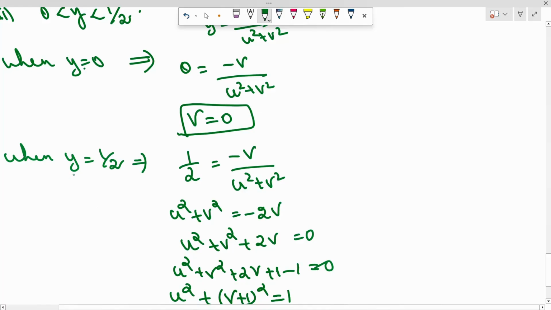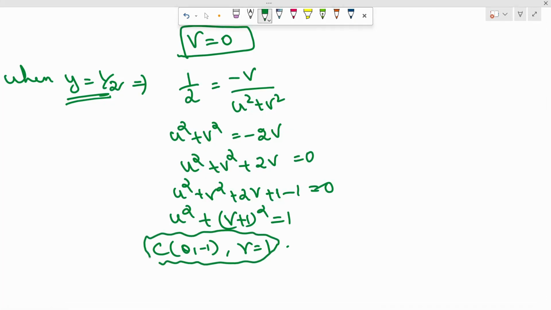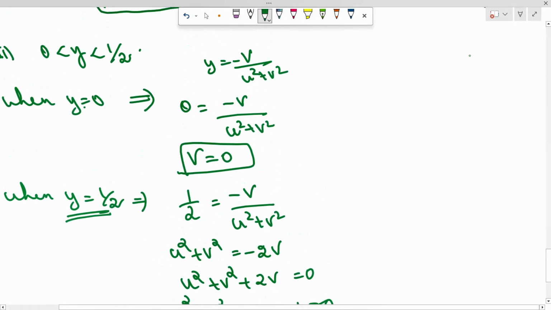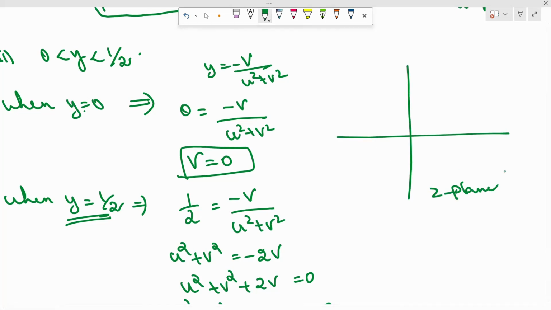When y is equal to 1 by 2, we are getting, in the w plane, a circle whose center is (0, minus 1) and radius is 1. We can draw the diagram. Z plane, x, y. y is equal to 0 on the x-axis and y is equal to 1 by 2.